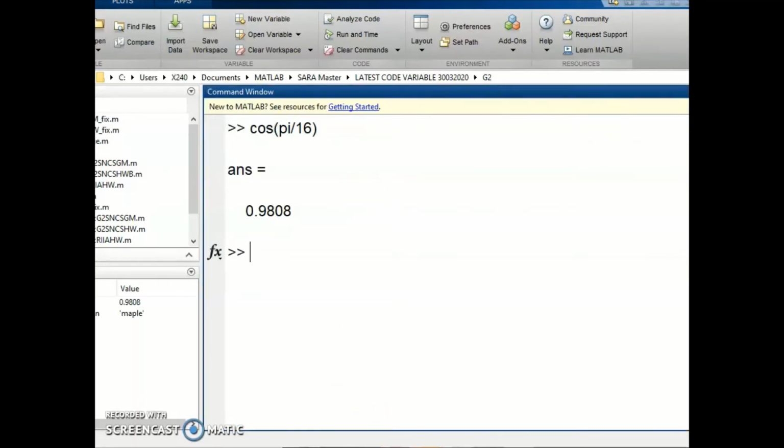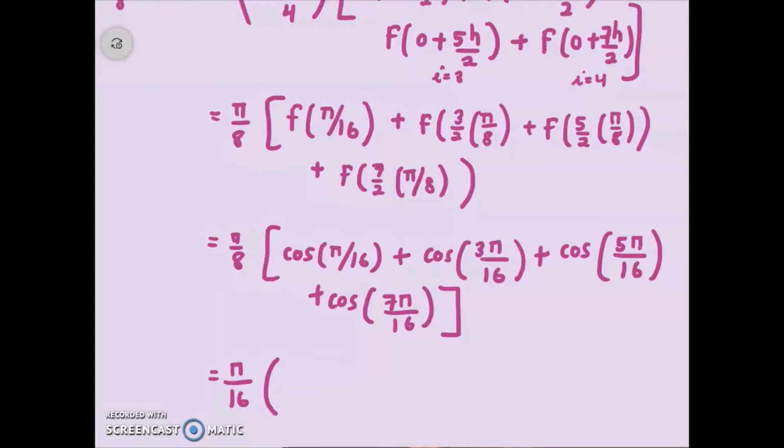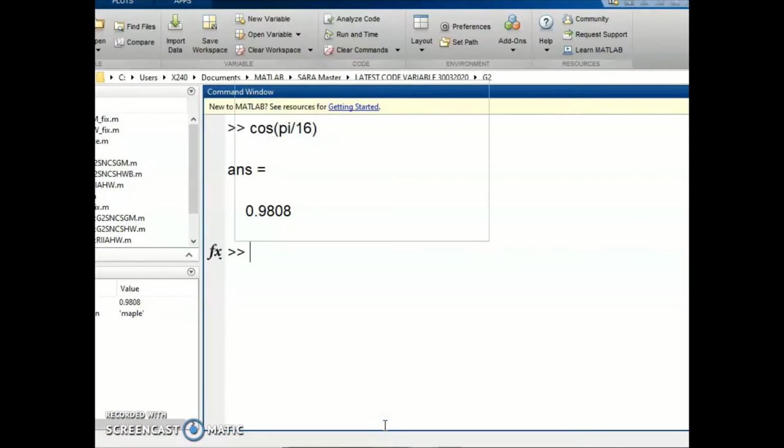0.9808. Plus cos 3 times pi over 16, 0.8315.